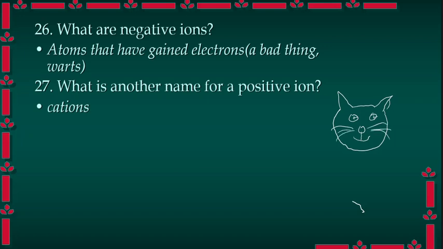So, if you imagine the cat having little positive eyes, you know how cats' eyes are like a vertical slit. If you just remember that, then you'll remember that positive ions are cations.